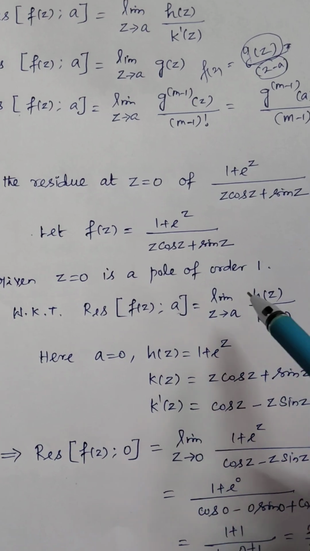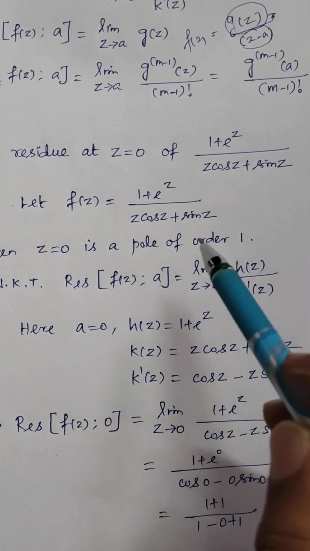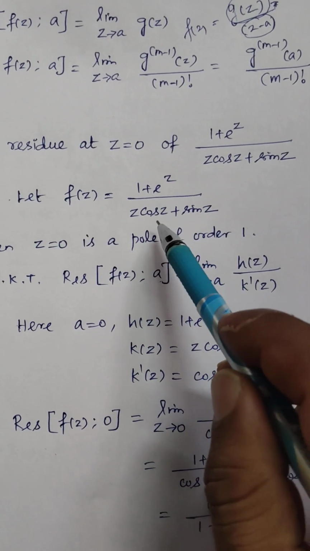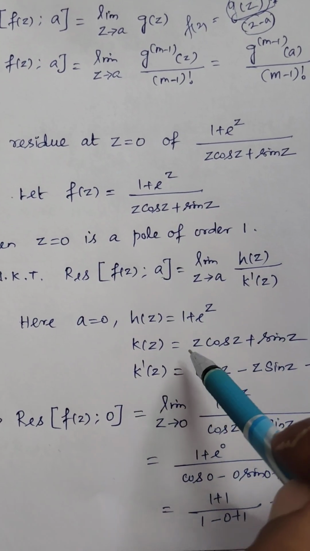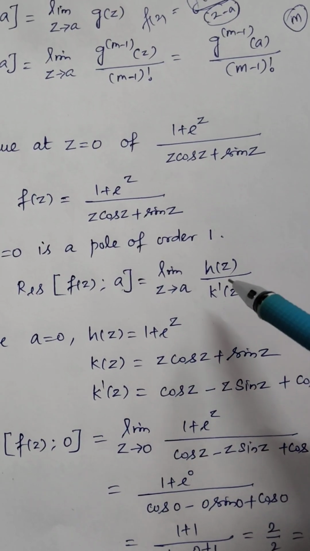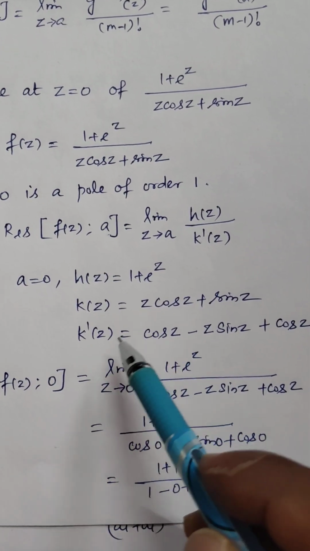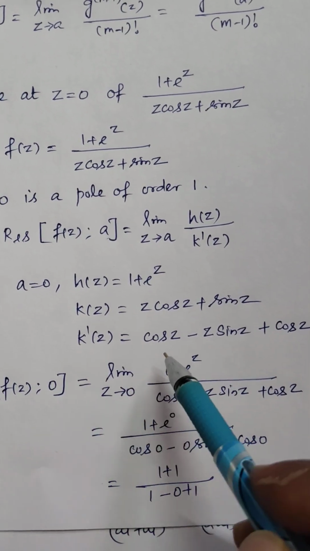So what is h of z? 1 plus e power z is h of z, and z cos z plus sin z is k of z. So in this formula, we have to know what is k dash of z. Therefore, from k of z, we have to find k dash of z.